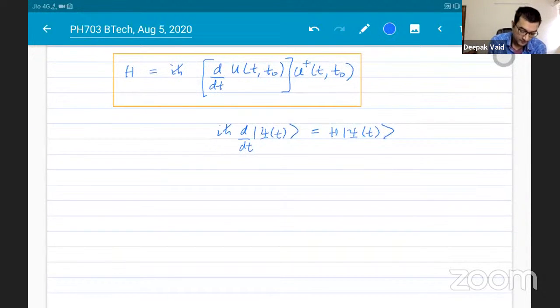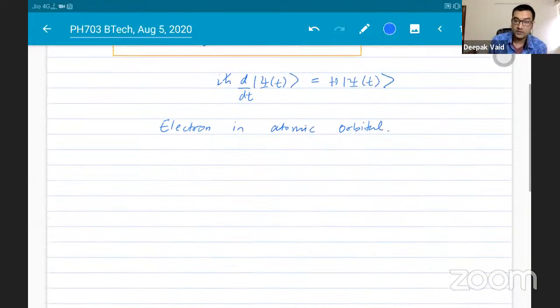As an example, consider an electron in an atomic orbital. These atomic orbitals are of the form you have seen, 1s2, 2s2, 2p1, and so on. You fill up the orbitals one by one.